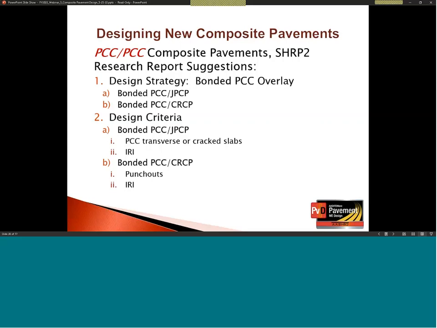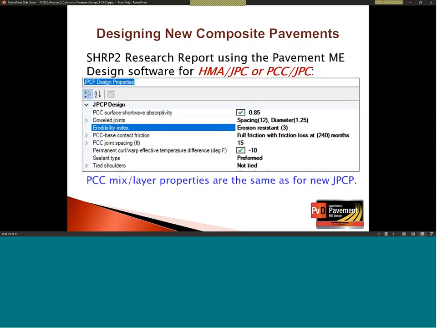The design criteria are also shown. For bonded PCC over JPCP, we have PCC transverse or cracked slabs and IRI. And then for the CRC, we have punch outs and IRI itself. Go to the next slide, Victor.